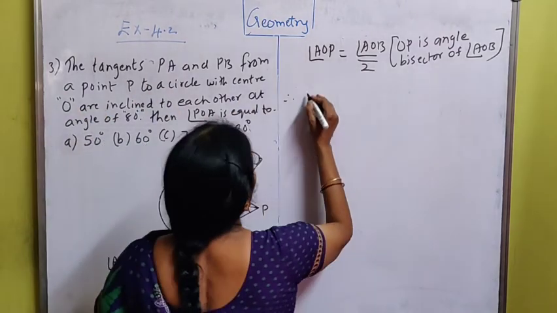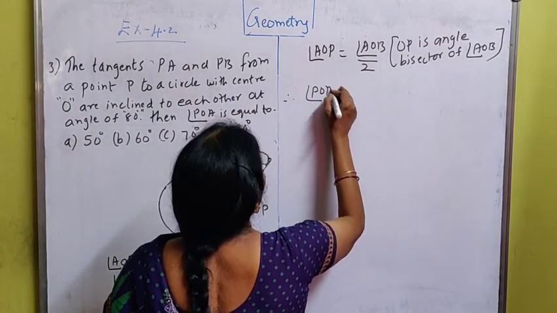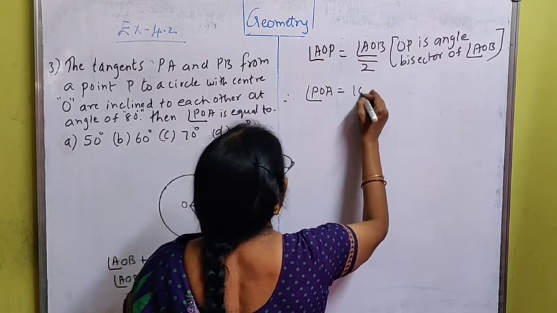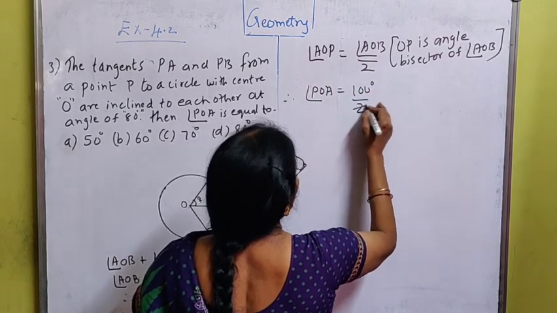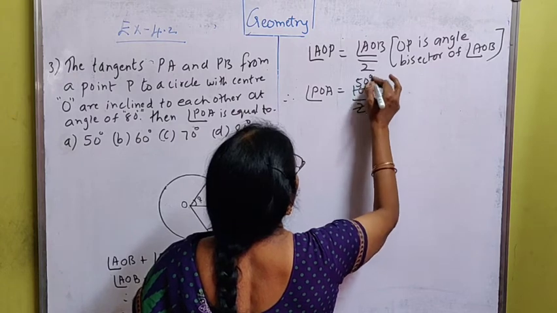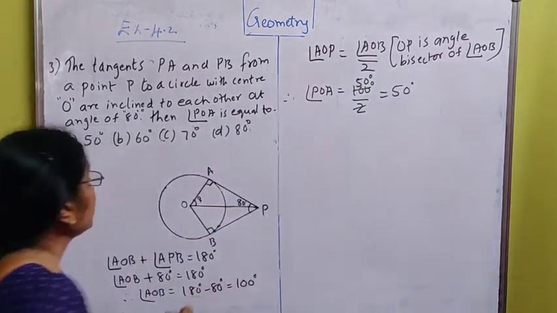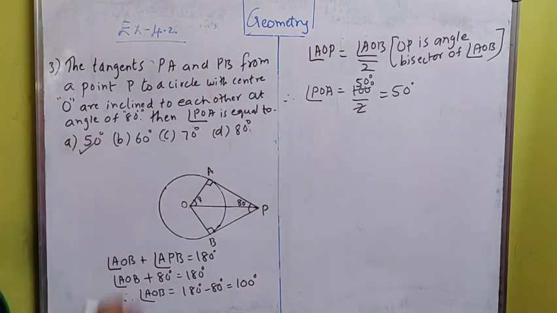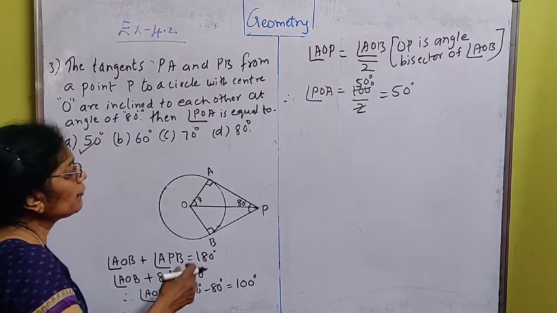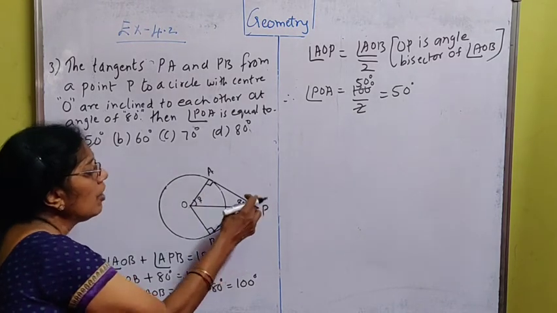Therefore angle POA will be equal to 100 degrees divided by 2. So you got 50 degrees. So option A is the answer, which is 50 degrees. Once again I'll explain over here. What is asked is that you have to find angle AOP or POA.